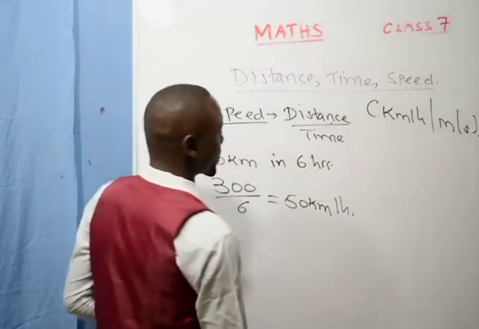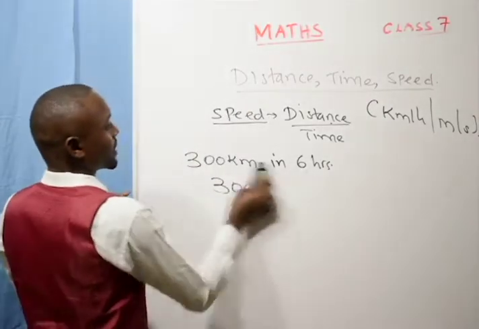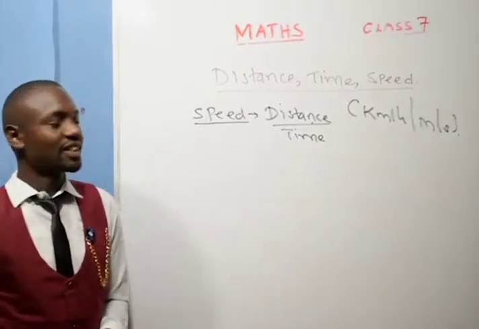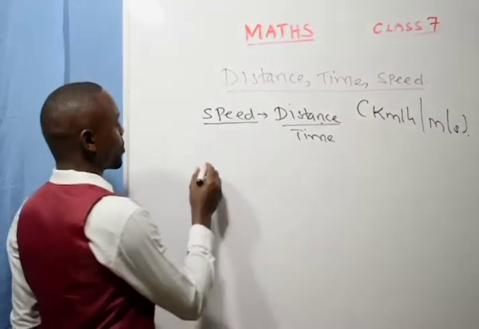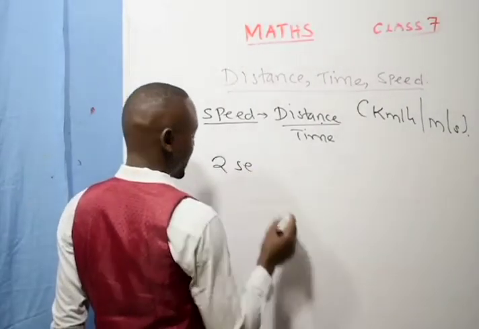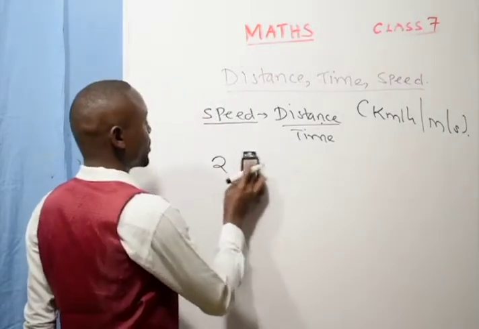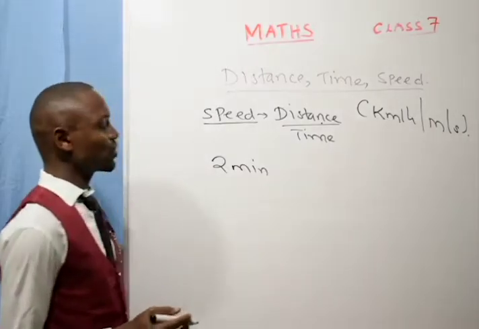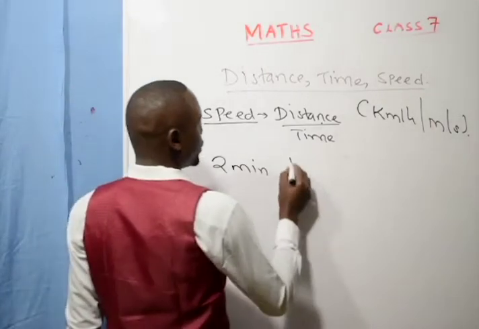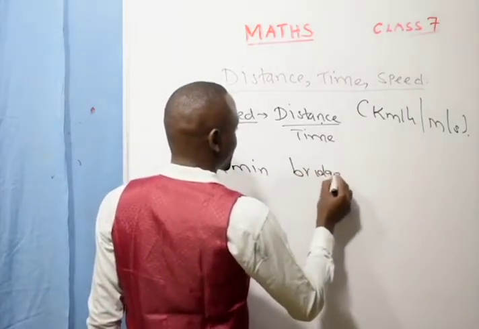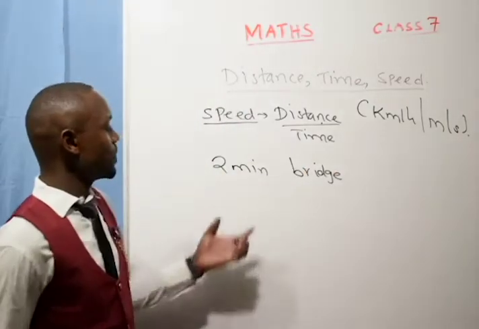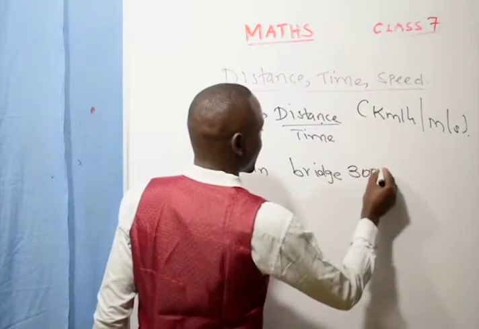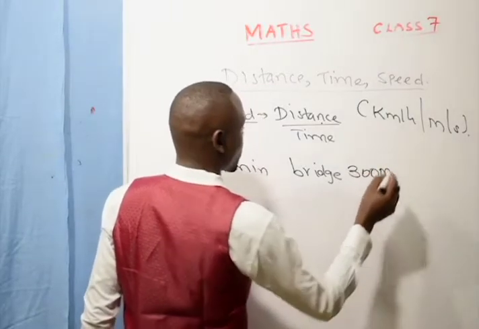Sometimes you can be taught to calculate the speed in meters per second. A train took 2 minutes to cross a bridge which was 300 meters long.